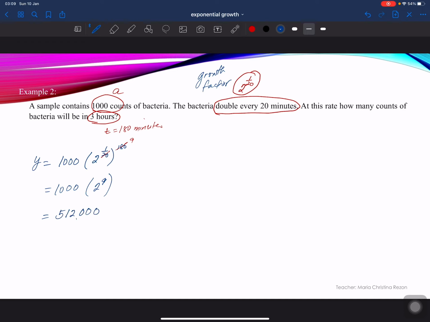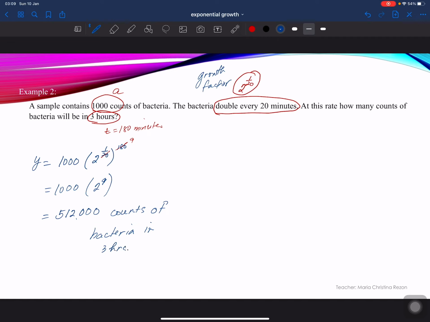These are counts of bacteria after 3 hours, so in 3 hours.